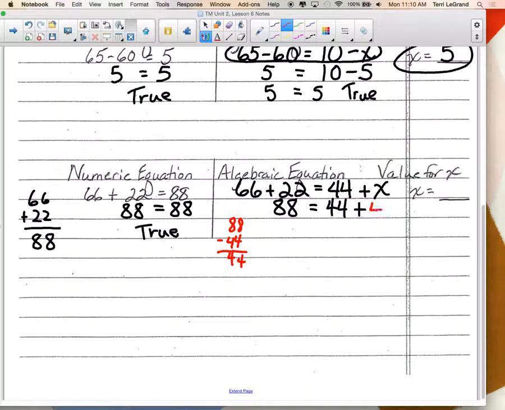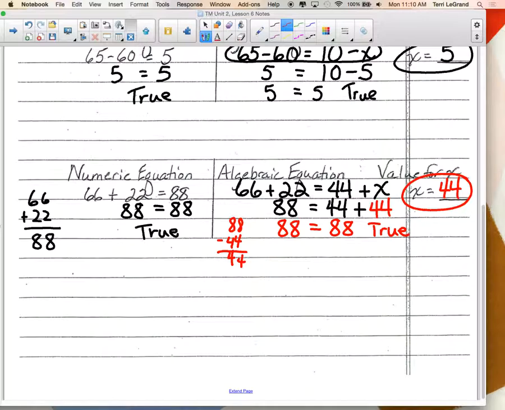So x is 44. So 88 equals 88. 44 plus 44 does happen to be 88. Good thing. So when our algebraic equation, what's the value for x? 44. X equals 44. Okay.